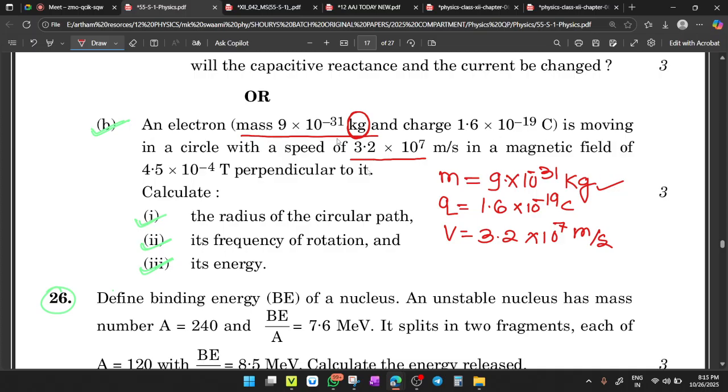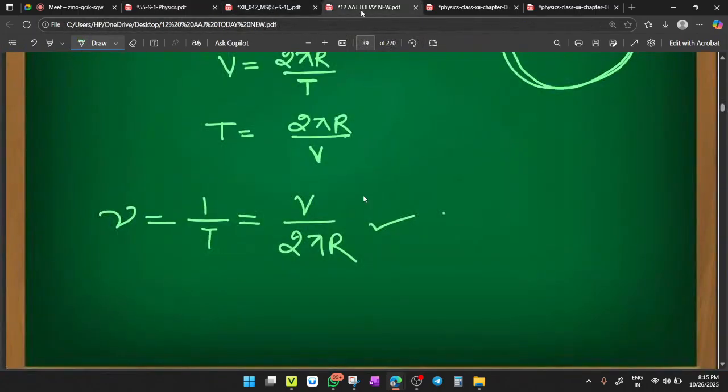Remember students, one more important point is given: it is moving in a circle. So when an electron is moving in a circle, what is happening there? The necessary centripetal force is provided by the magnetic force. So we have to apply this concept when the electron moves in a circular path.